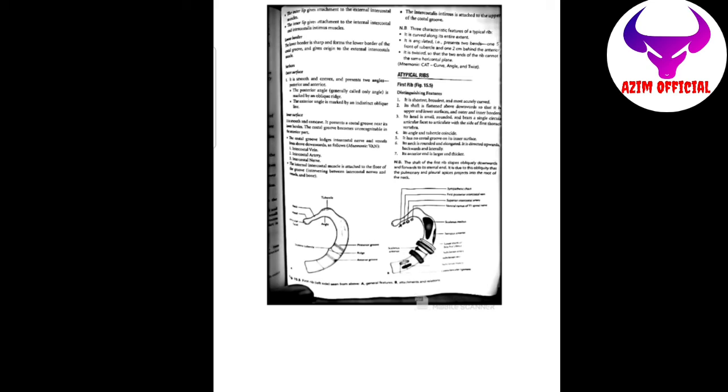Now you can see the picture, and I will tell you the details. Side determination: how can you determine the side of this first rib? Its larger end is directed anteriorly and its smaller end posteriorly, because the smaller end attaches with your vertebra.